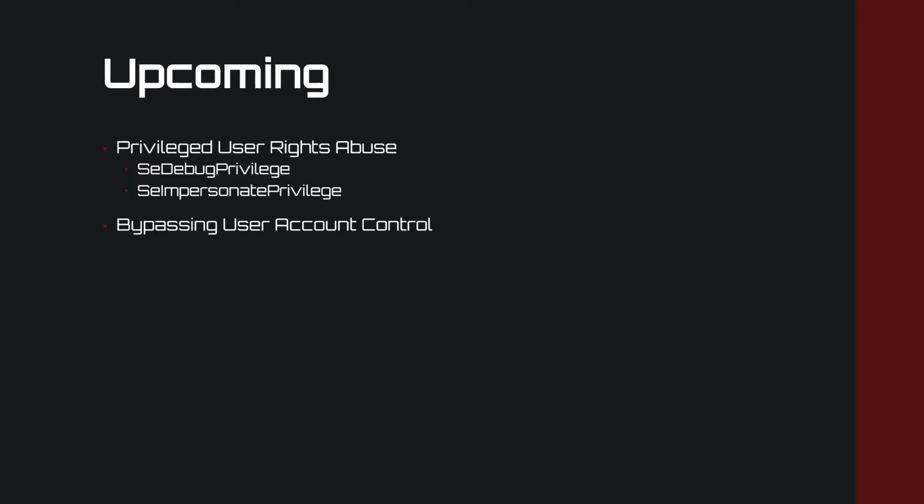More specifically, we will be covering two core Windows privileges, SeDebug and SeImpersonate, and how through them we can obtain password hashes and other secrets, ultimately achieving local system access. Additionally, one common obstacle in this process is UAC, and we will also examine various methods by which we can bypass it.